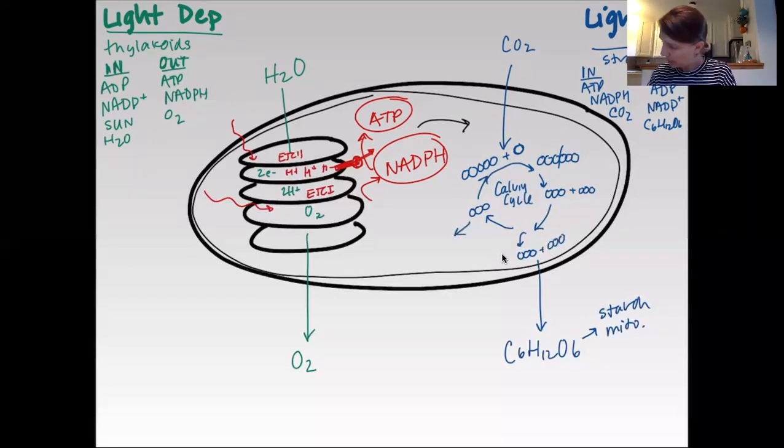So we're going to recycle ADP and NADP+, which are used directly in the light-dependent reactions. That's the overview of photosynthesis. We have these two parts, light-dependent and light-independent reactions.